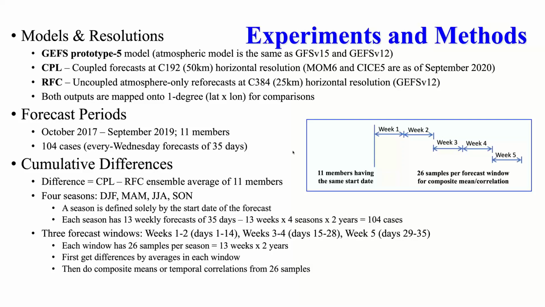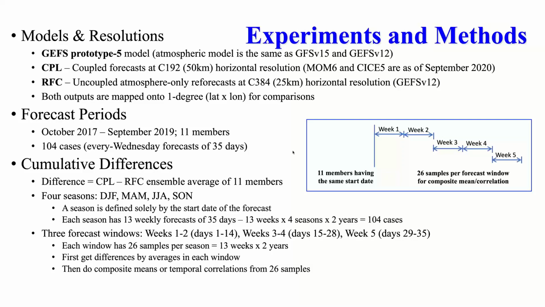So after we did this 11-member average, we take the differences, CPL minus IFC, and you get these for each season. Each season has 13 weeks with 2 years.